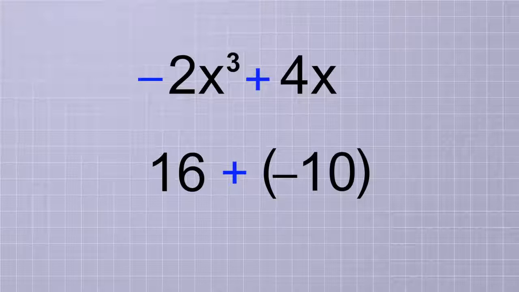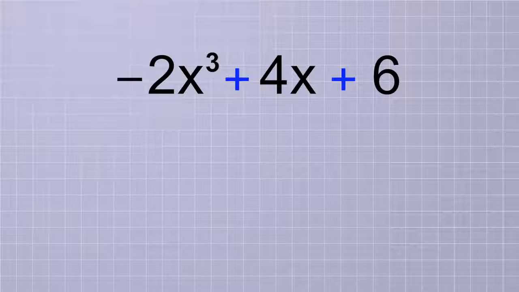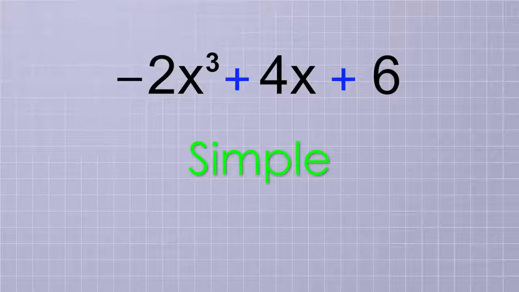So if you add them together, you end up with positive 6. Remember, it's best to think of all terms in a polynomial as being added, but they can have coefficients that are either positive or negative. That's why this negative sign stays here with the 2x cubed term, because it's a negative term. So this polynomial is now as simple as it can be since there's no other like terms.